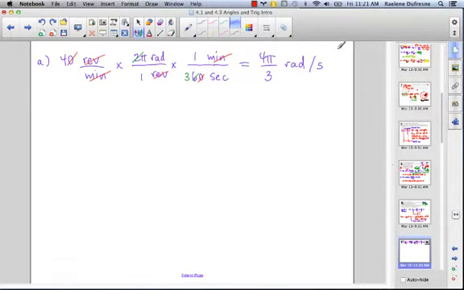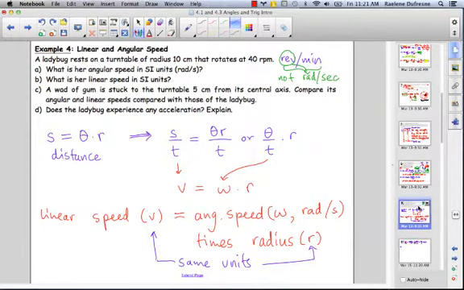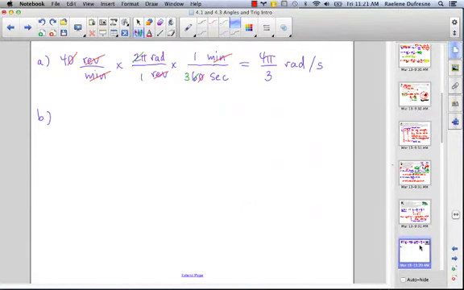So that's part A. Part B asks, what is her linear speed in SI units? So what we really have in part A, I should really label this and not just do a calculation. The angular speed is 40 RPM, revolutions per minute, which is also an angular speed of 4 pi by 3 rad per second.